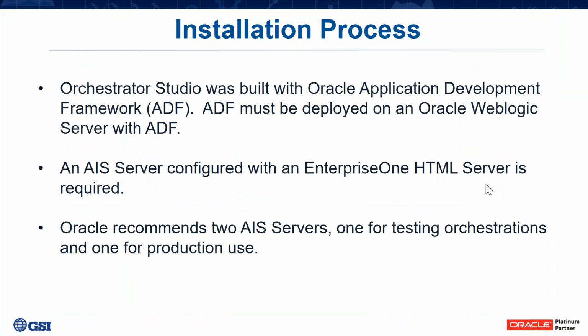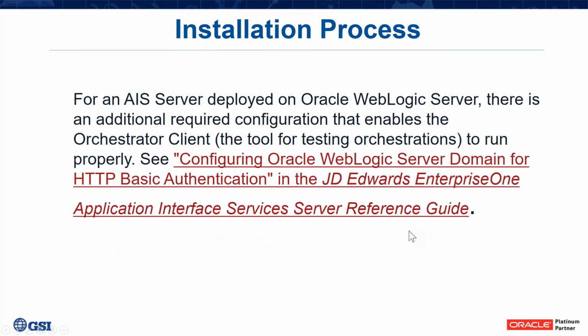So Orchestrator Studio was built with Oracle Application Development Framework. And ADF must be deployed on a WebLogic server with ADF. So I've already told you must have an AIS server. Oracle, GSI, and others recommend 2 AIS servers, one for testing and one for production use.